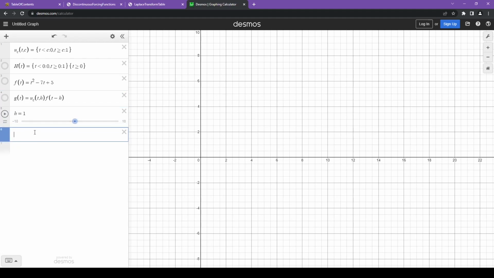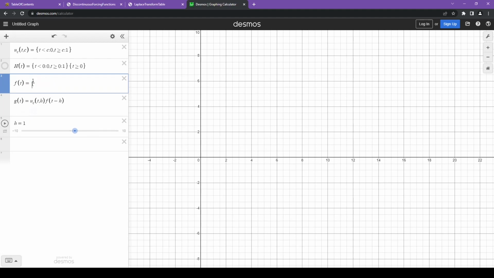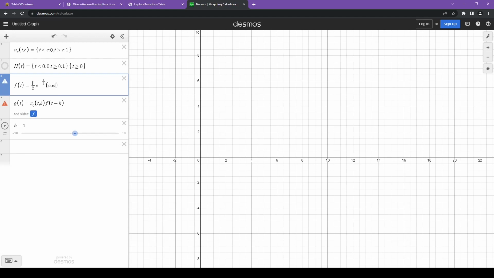What we have is, we'll call this thing f of t, and so we're going to have 1/2, and then e to the negative t over 4, multiplied times cosine of the square root of 15 over 4 times t.